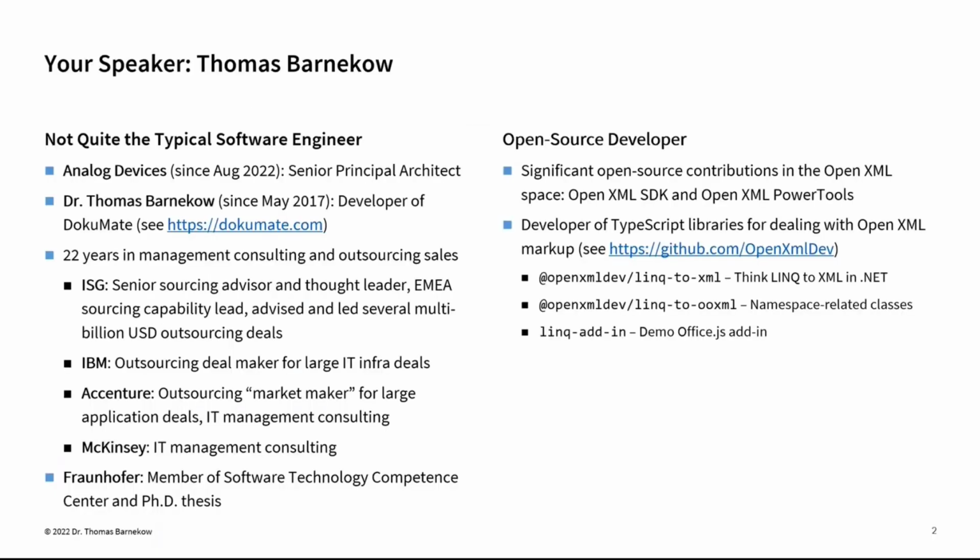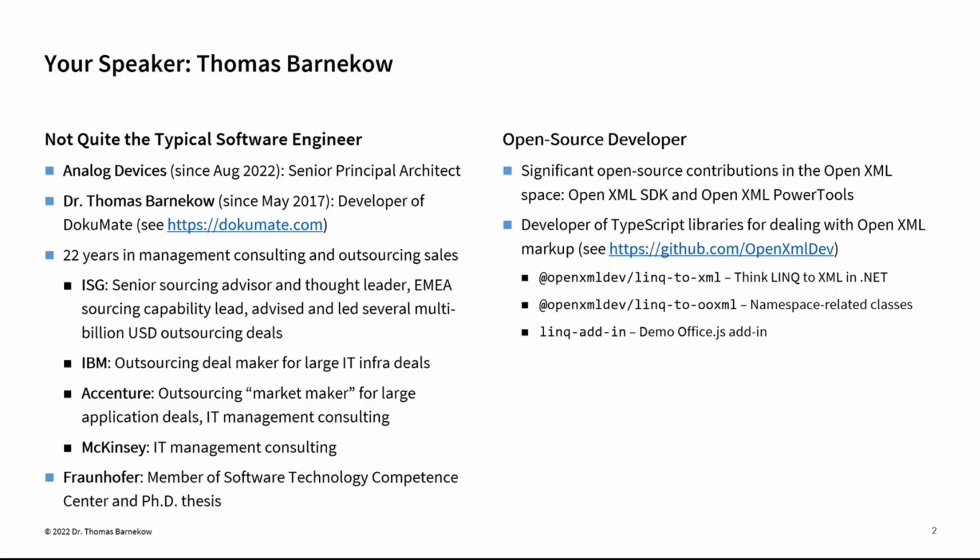A few words about myself quickly. As I said, since August 22, I'm a senior principal architect with Analog Devices. In parallel, I'm the developer of a tool called Documate, used for high-performance Word document automation and processing. My main activities in the past 20-odd years were in management consulting and outsourcing sales.